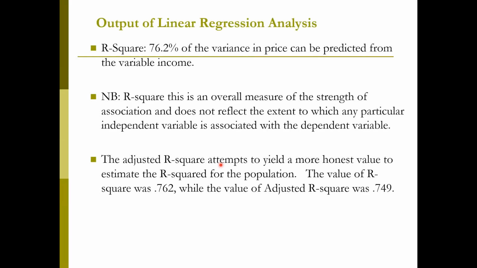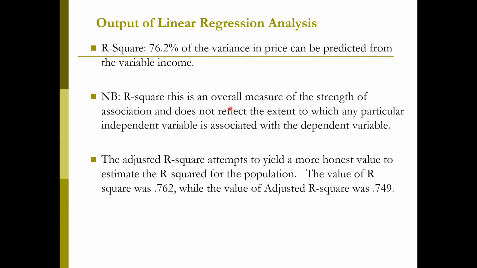Now, this is also explained here. So R square, 72.6% of the variation in price will be predicted from the variable income. But it is also important to know that the R square is an overall measure of the strength of association and does not reflect the extent to which any particular independent variable is associated with the dependent variable.